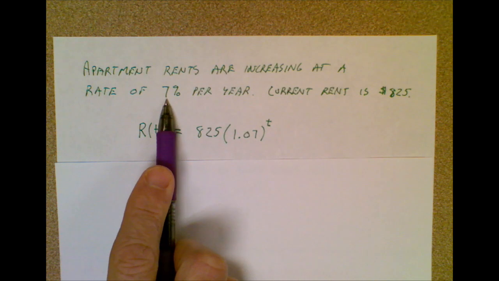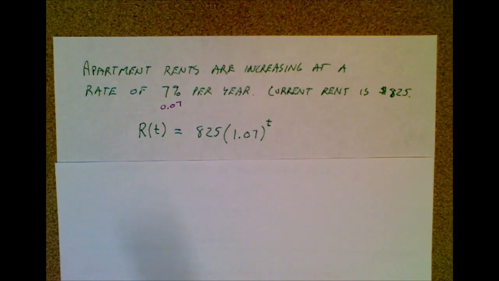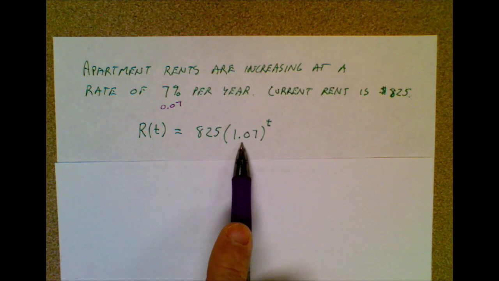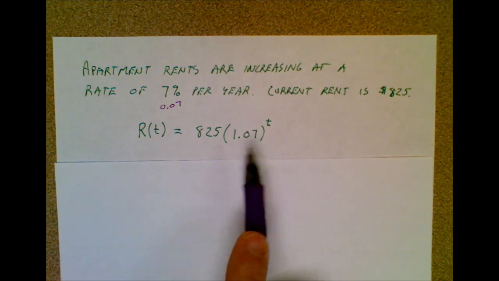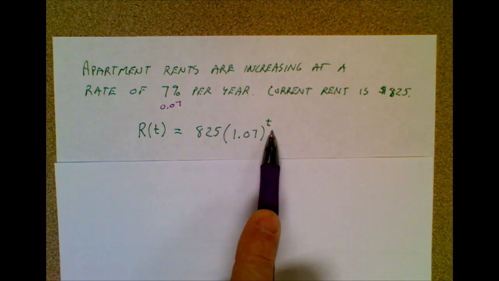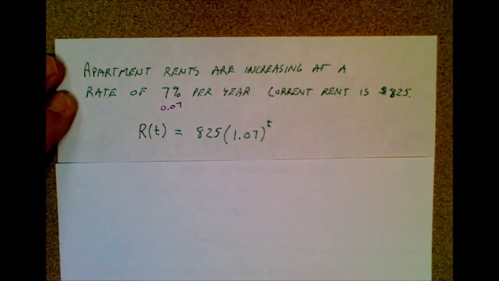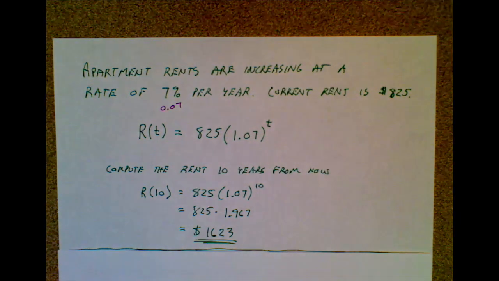This is growth, and I know that's a 0.07. So I combine that with 1 plus 0.07, and now I have my exponential growth and decay. Original rent growing by 7% per year.